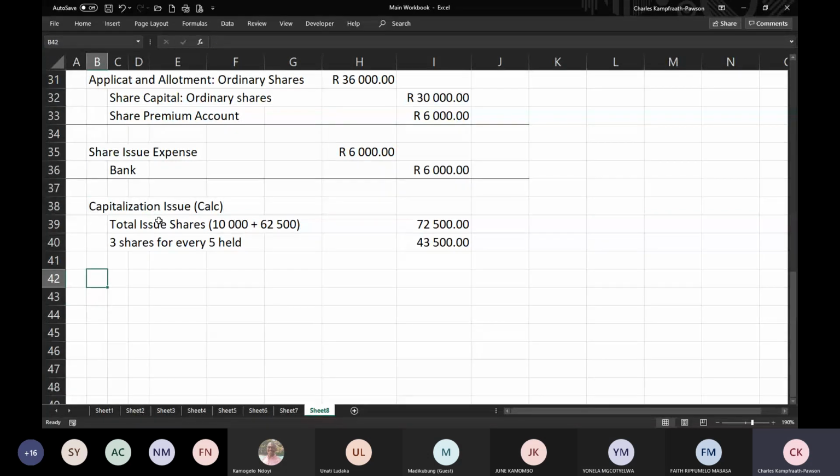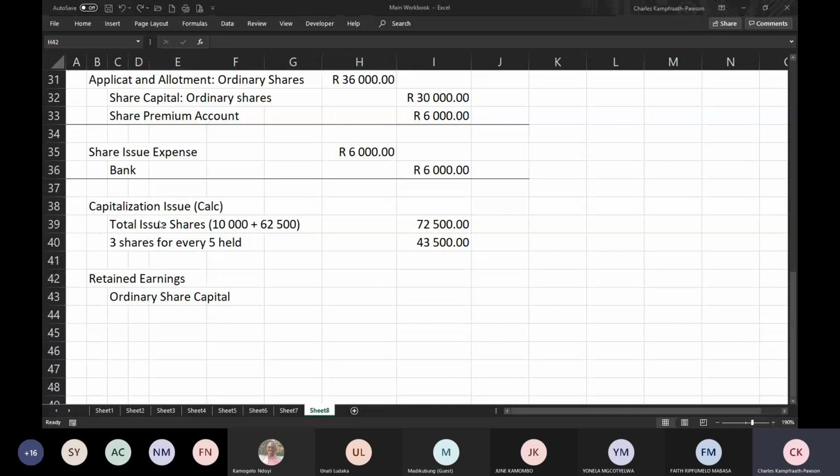The journal will therefore be the same as what we practiced earlier. Retained earnings and ordinary share capital.